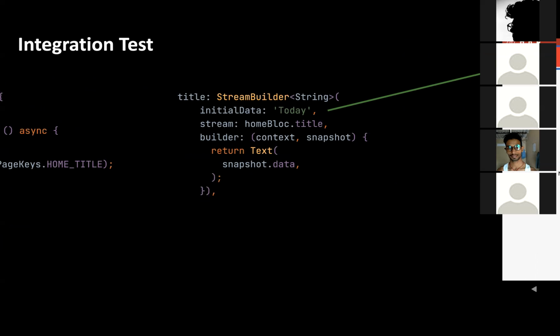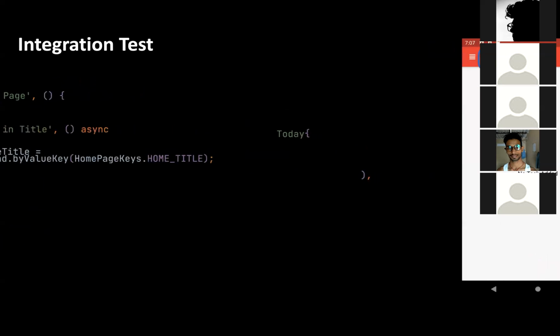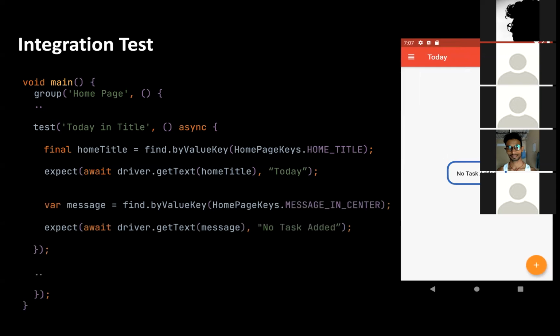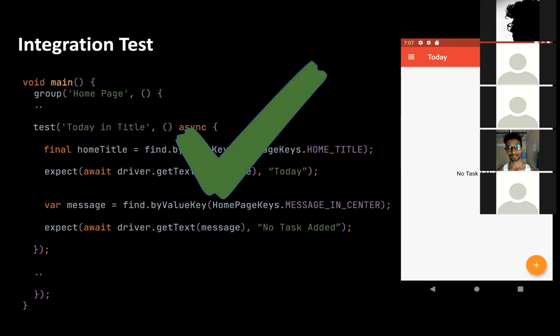And then I use the same key to find that home title, and using the driver API, I'm getting that text and matching it that it should be Today. And then the same thing I'm doing for the message in center. So there is a key message in center which takes this widget, and I am matching it with no task added. So when I run this test, it passes because that's what it's expected to be.